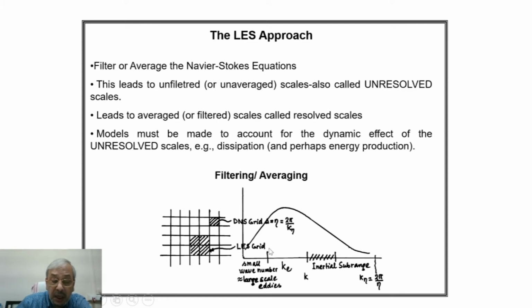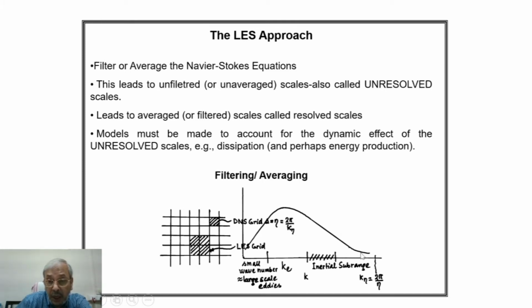For smaller wave numbers, that means the large scale eddies, these are energy containing eddies, and for higher wave numbers, that means small scale eddies, high frequency eddies, turbulence usually decays, and finally we end up with a situation where the decaying turbulence, or this is called the inertial subrange of turbulence.